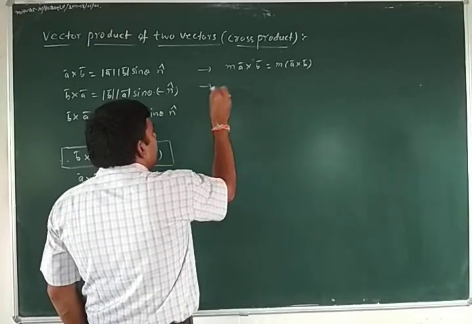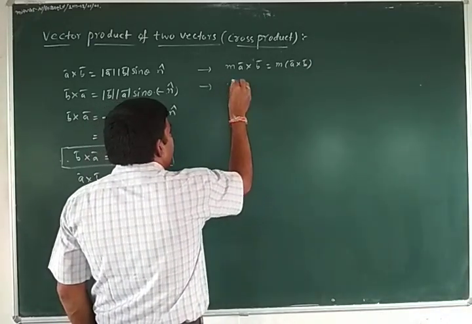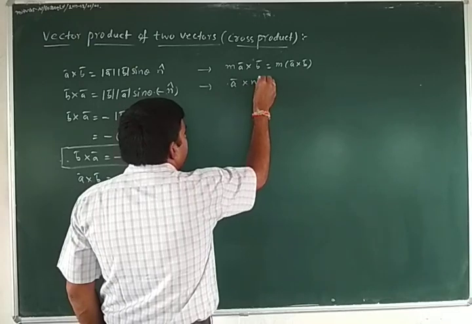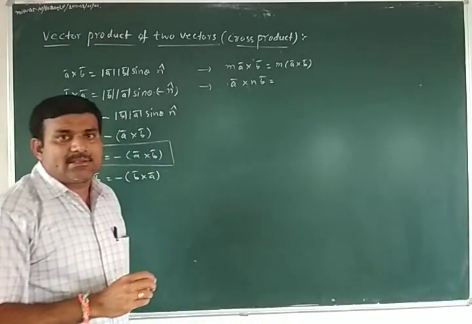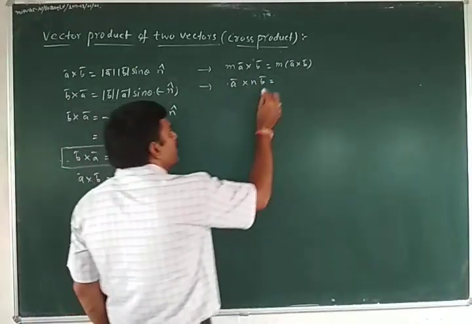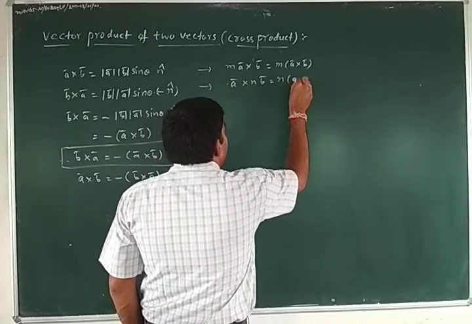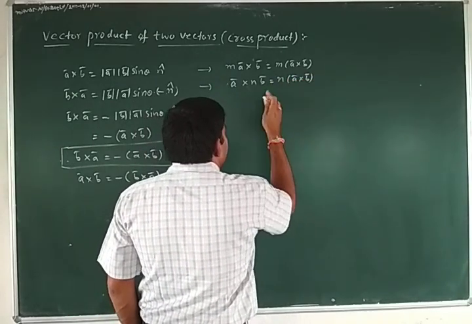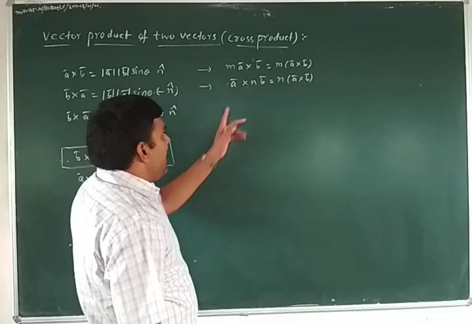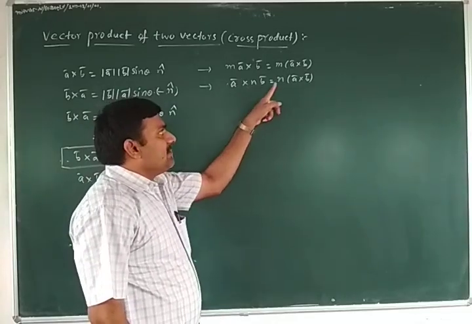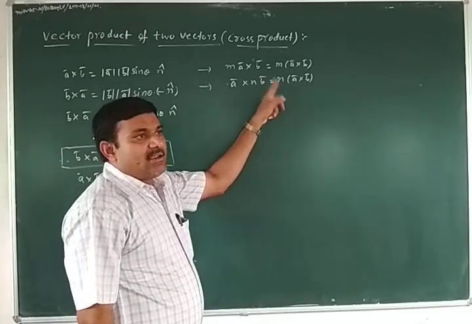And one more: a bar cross n b bar is equal to n into a bar cross b bar. Whatever scalars are there, that scalar value is written at the start.